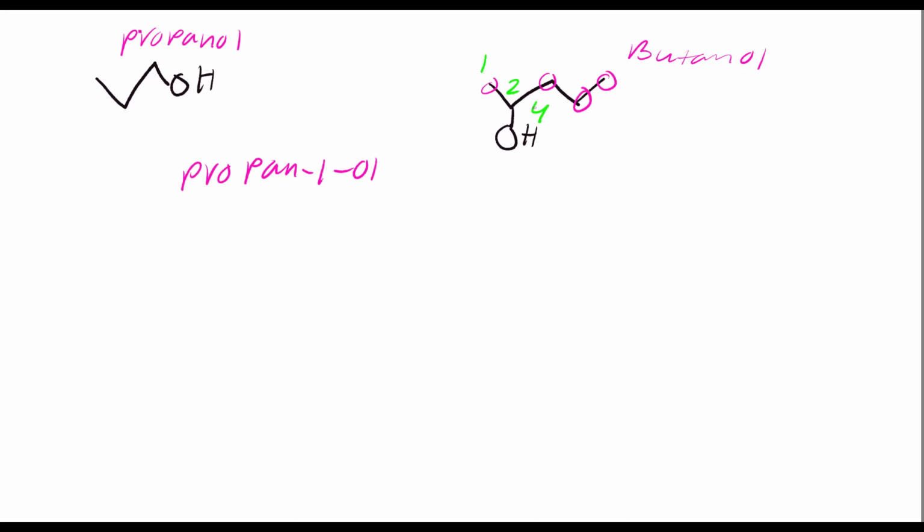So I'd rather have a 2 than a 4, right? So we can name this as butan 2-ol. So it's the parent name, location, and the child name. So parent name, butane, location, 2, child name, alcohol. So butan 2-ol.